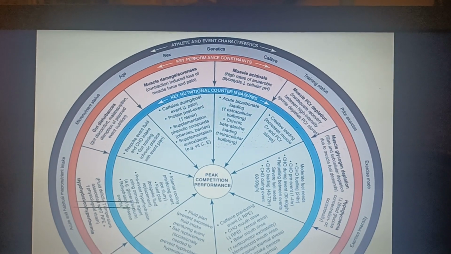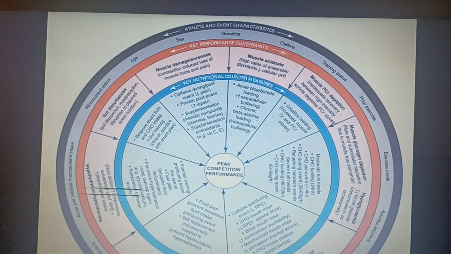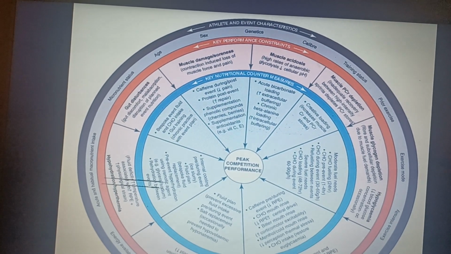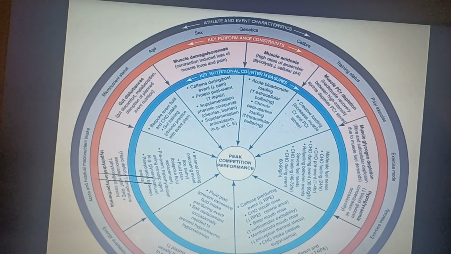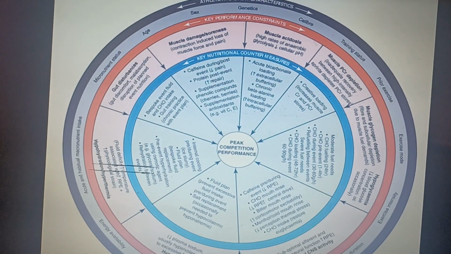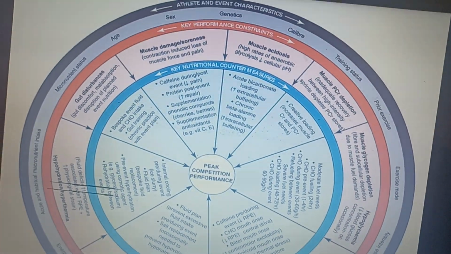This is a great visual that kind of goes through each level as to how different nutrition can help influence these different systems. Let's kind of just look at this one here.